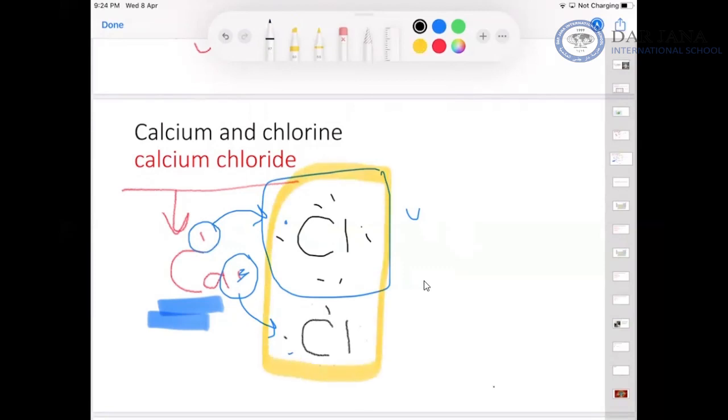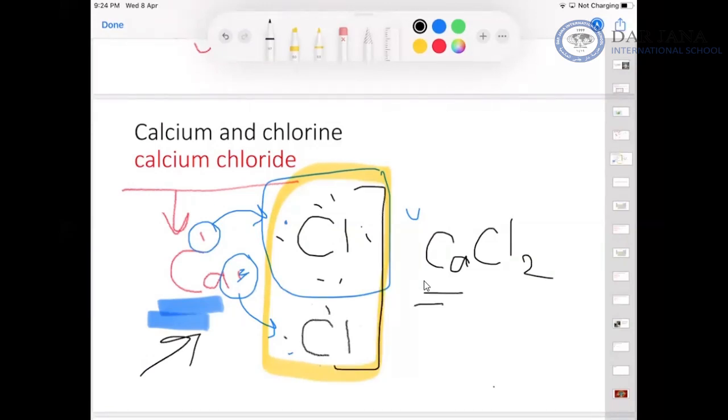So the compound calcium chloride will be CaCl2, because in order to form this compound, we need 1 calcium ion and 2 chloride ions. So it's CaCl2, 1 Ca and 2 Cl.